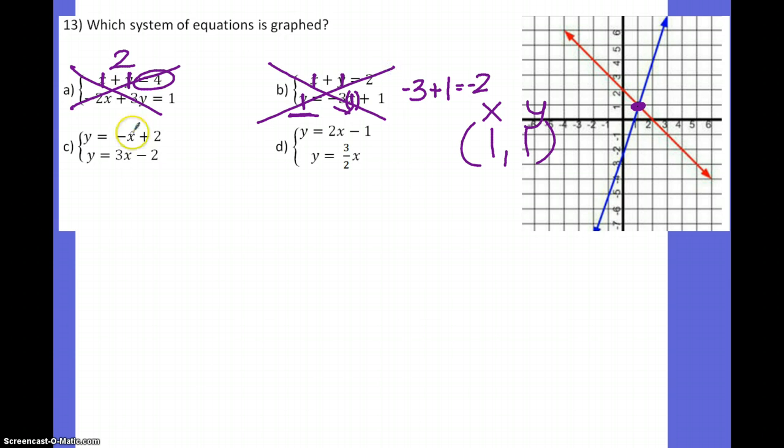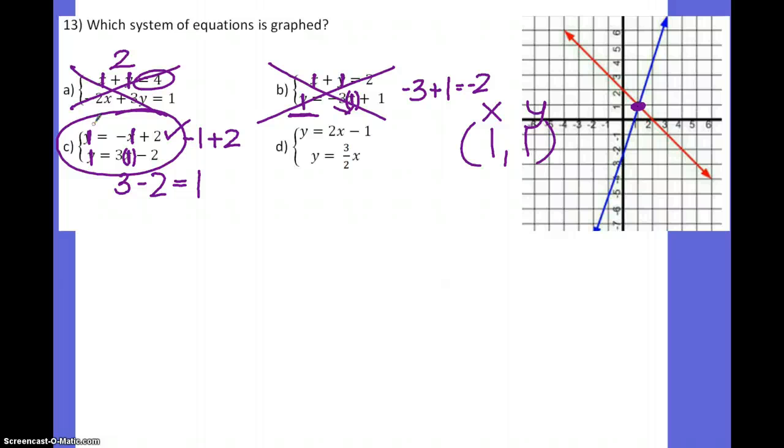Let's try C. Put a 1 and a 1. Negative 1 times 1 is negative 1. Plus 2 more really is 1. So the top equation works. If I put a 1 and a 1, 3 times 1 is 3. Take away 2 more. That really is 1. So the answer, it looks like it must be C, because that point 1, 1 worked in both equations.